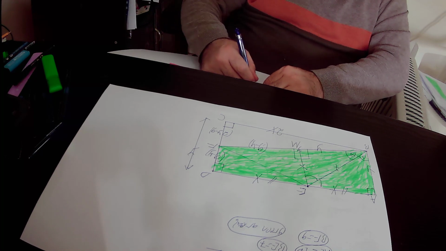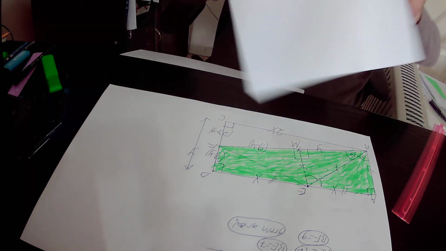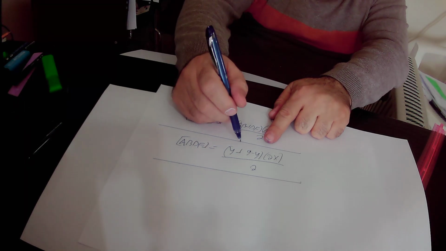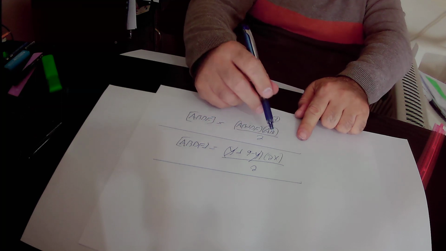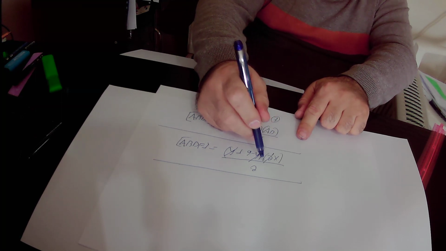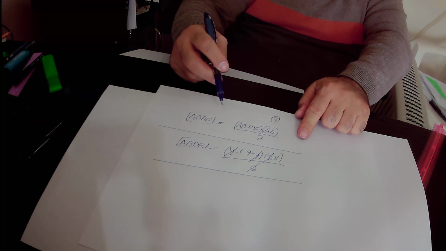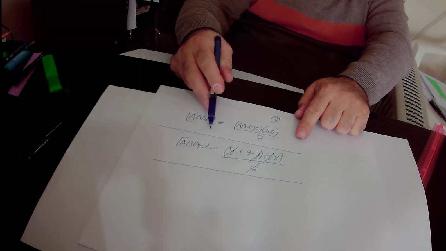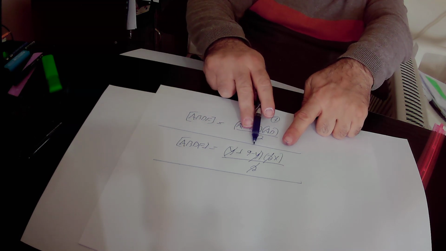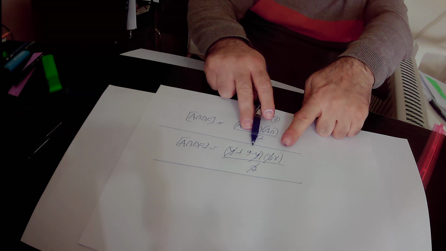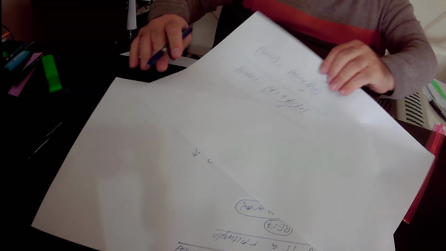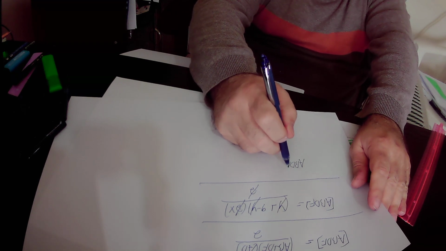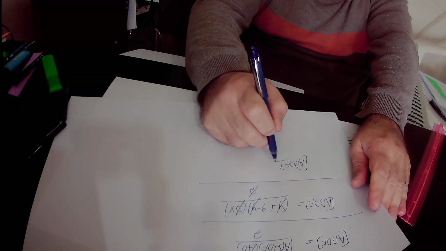So the area of the green shape ABDF, here y minus y is 0 and 2 over 2 is 1. So we found out that the area of the trapeze ABDF equals to 9x. That is what is left for me after we cancel those expressions. It is 9x. The area of trapeze ABDF equals to 9x.